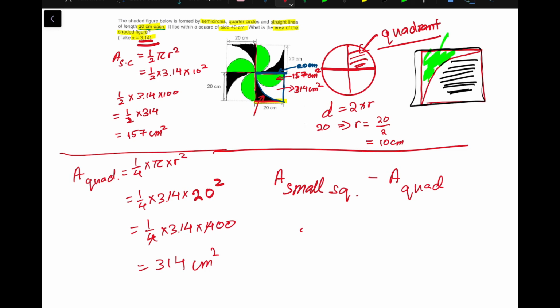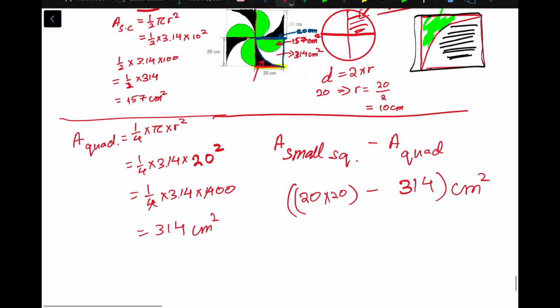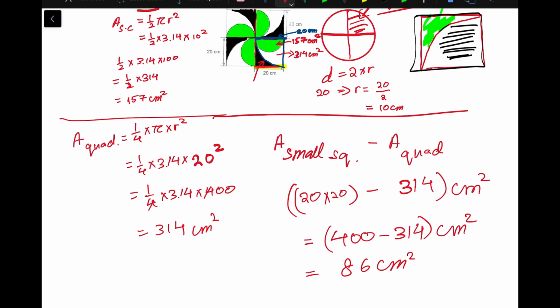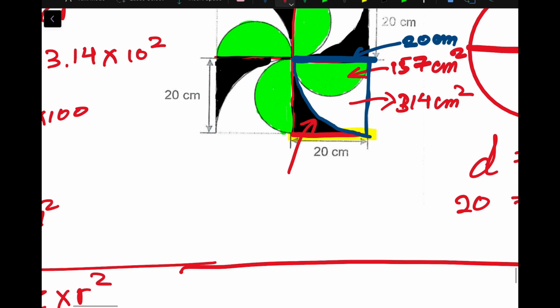We get 20 times 20 for the area of the small square, minus the area of the quadrant, which is 314 square centimeters. That gives us 400 minus 314, which gives us 86 square centimeters. So that's the area of this black region over here.